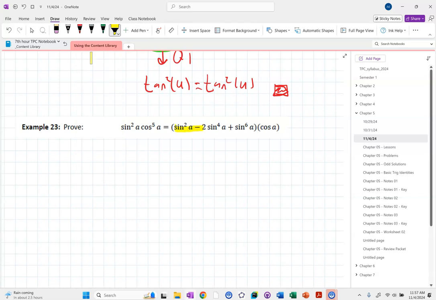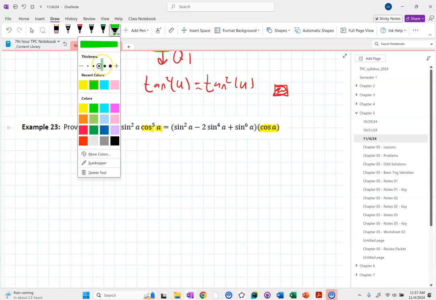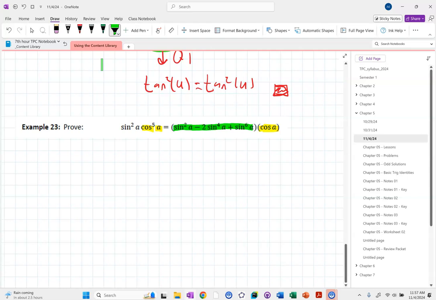So if I look at this, I see, okay, I need a cosine, and I got 5 of them on this side, right? And so if this thing somehow is going to have to turn into like a sine squared and like a cosine to the 4th.